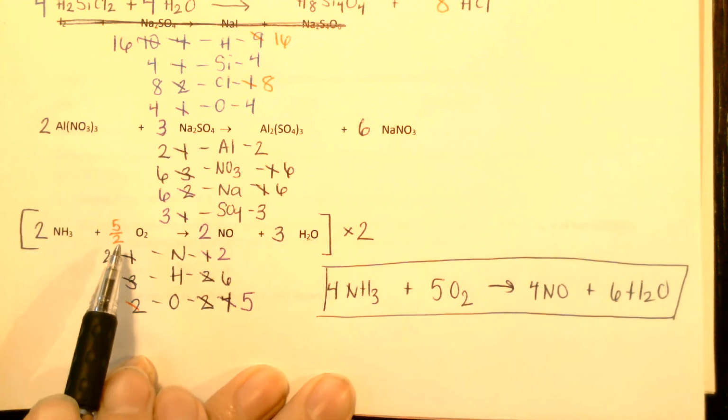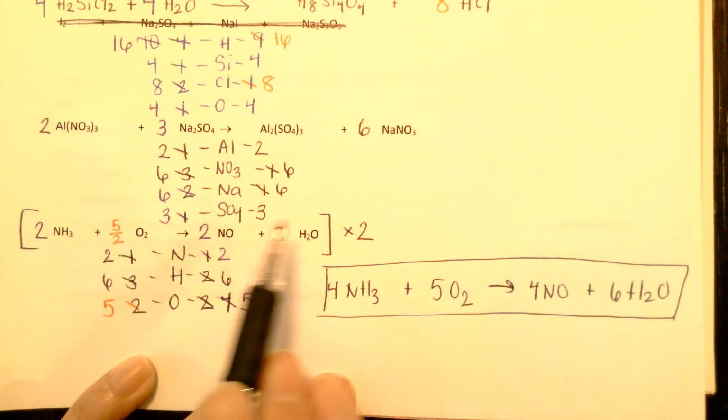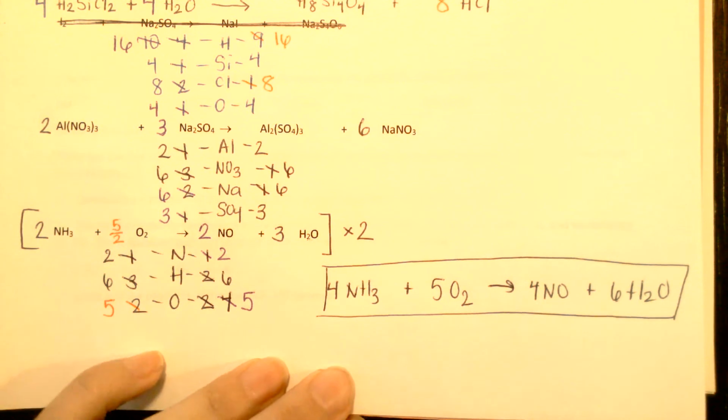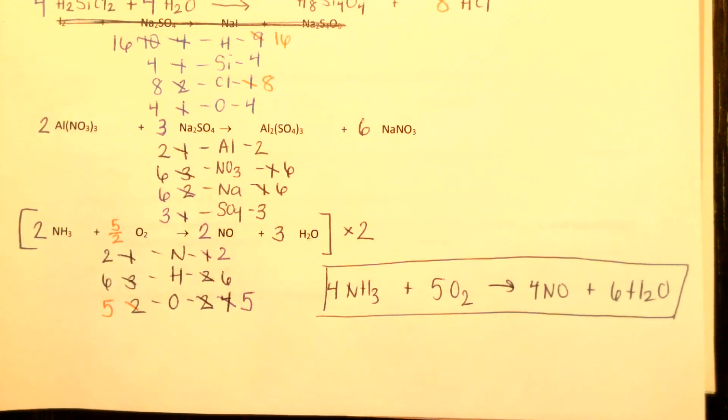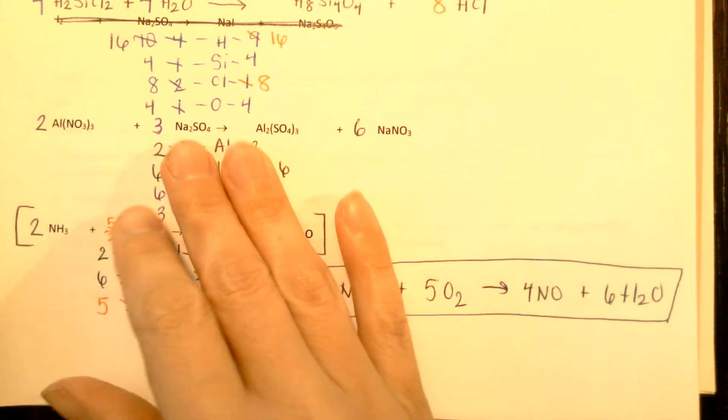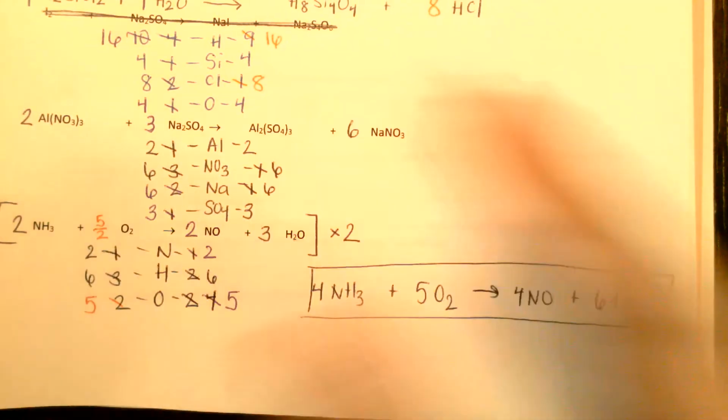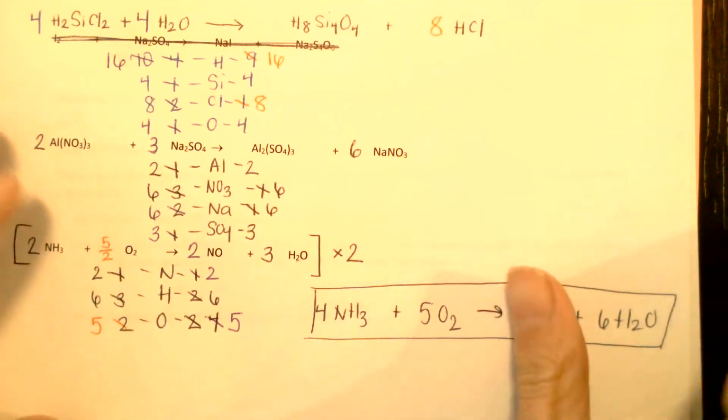So we could use the fraction to balance, but then we multiplied through by 2 to take that fraction out. Okay, so that is balancing.